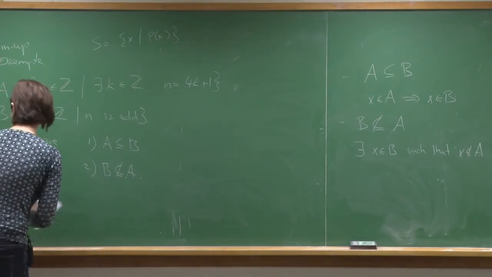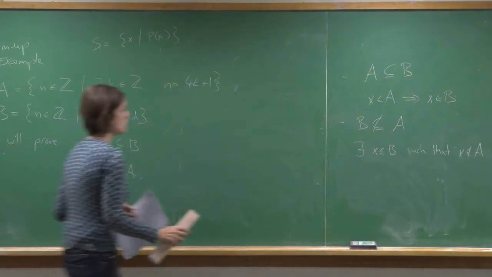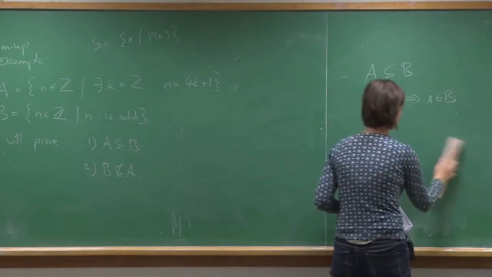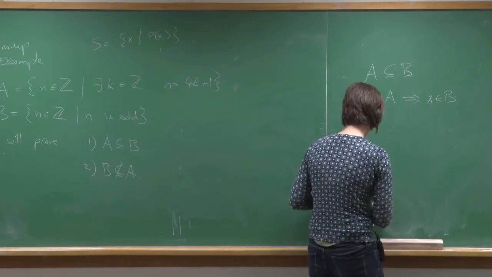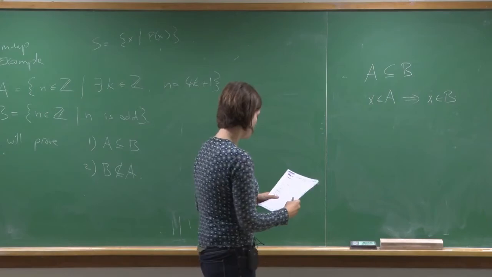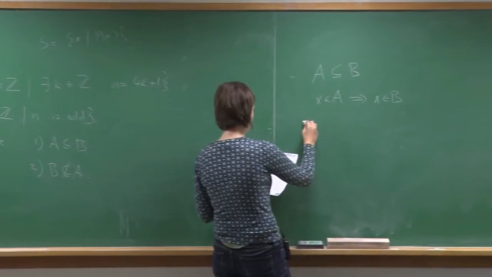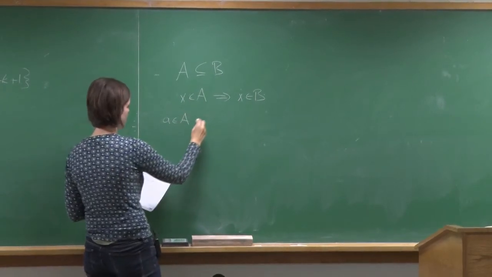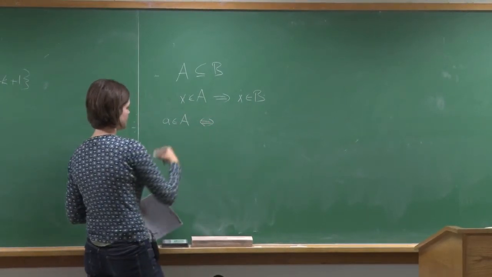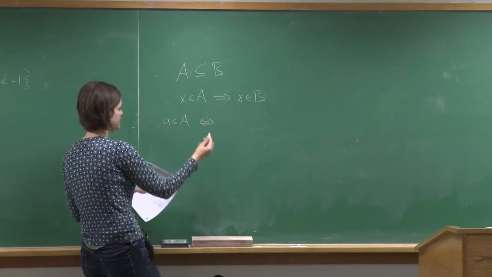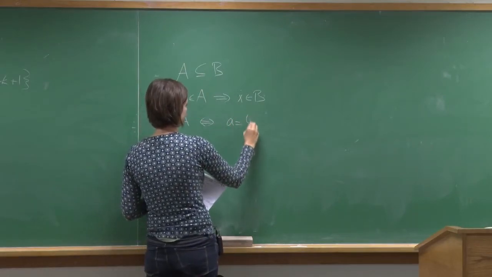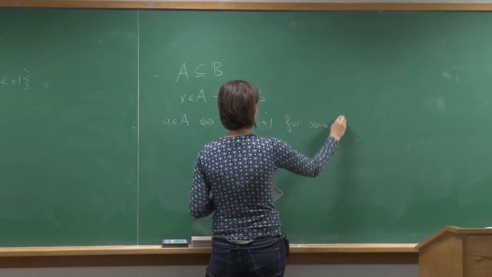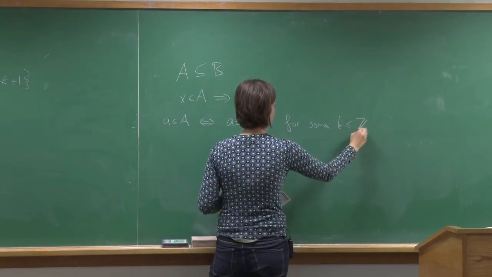So actually, maybe I'll erase this and then we'll actually do it for this specific example. So in this case, what do we have? If we have some, let's call it little a, we have some a in A, then by the definition of the set A, we have that a is equal to 4 times k plus 1 for some integer k.